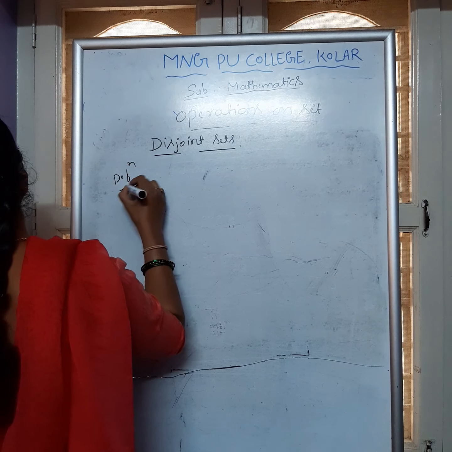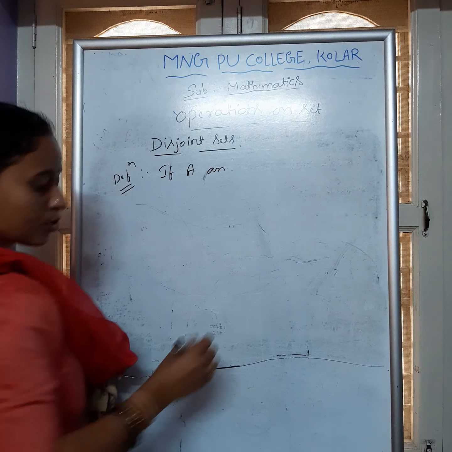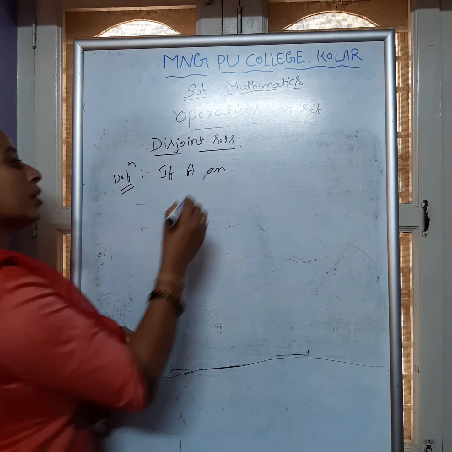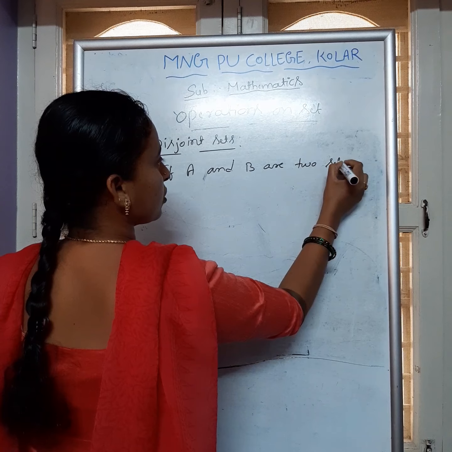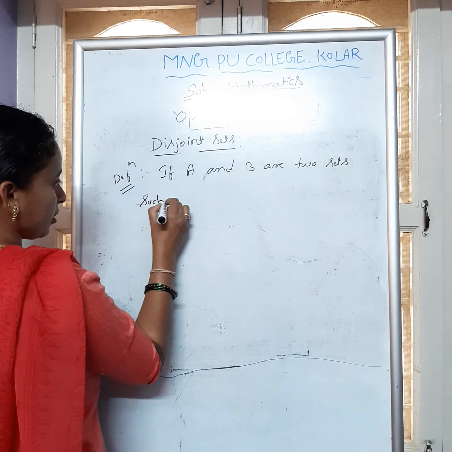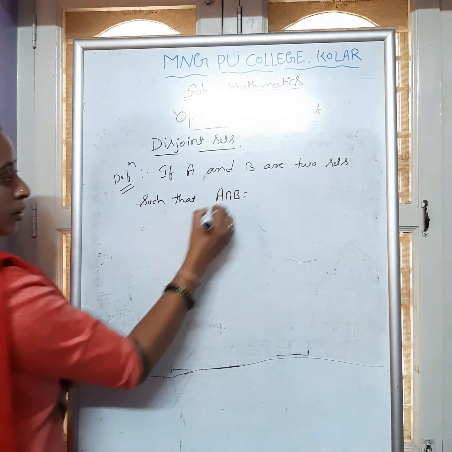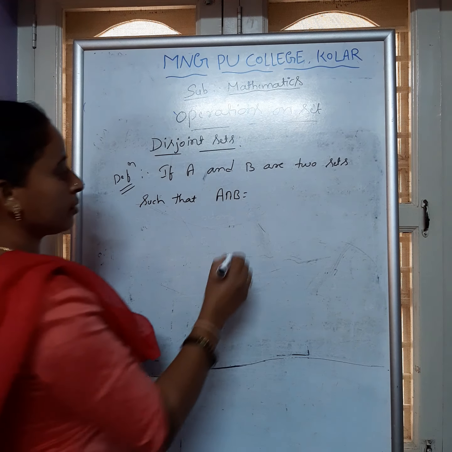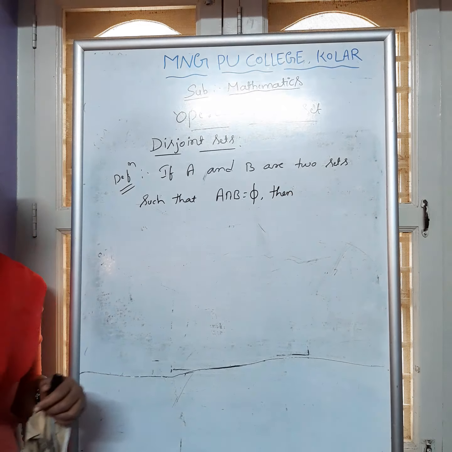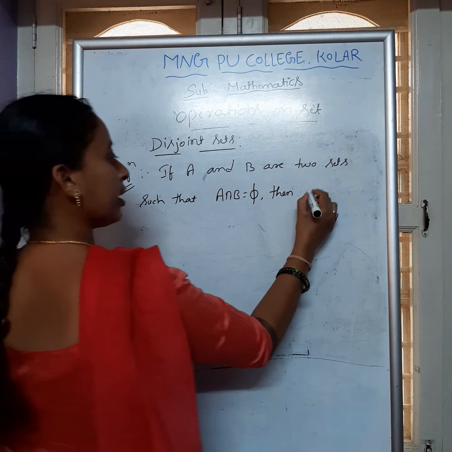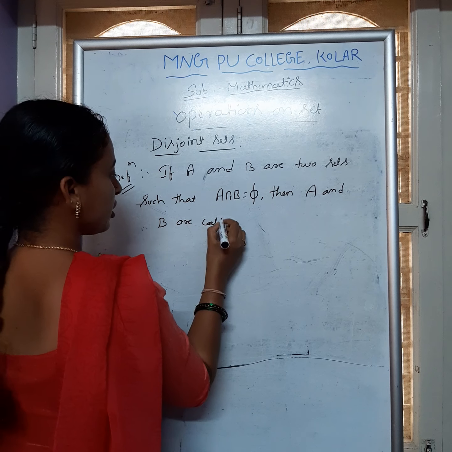Definition: if A and B are two sets such that A intersection B equal to null set, then A and B are called disjoint sets.